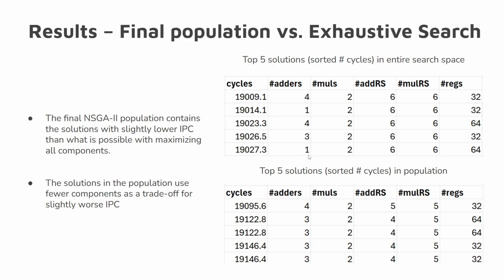But comparing that to the top 5 solutions, again, sorted by number of cycles in the population, you can see the NSGA2, the highest IPC population member, does not have the maximum reservation stations or number of registers, and overall the number of components used is lower in this.